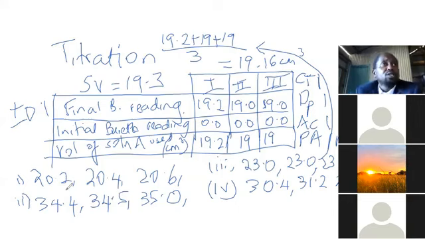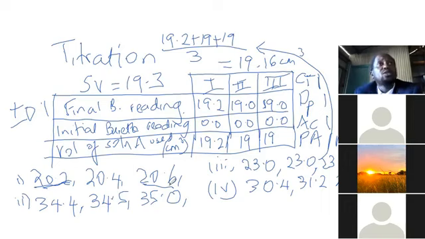The reason is because out of the 3, there are 2 values, 20.2 and 20.6, whose difference is exceeding 0.2. And therefore, you cannot average the 3.